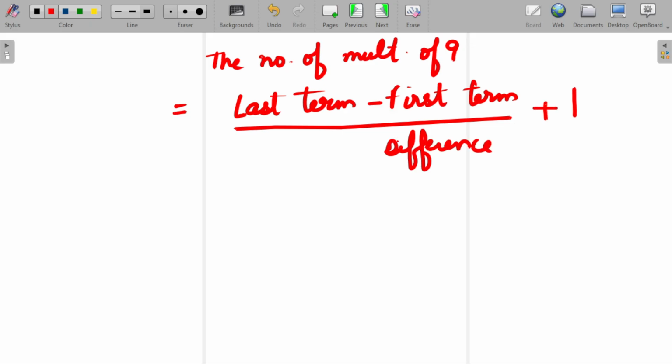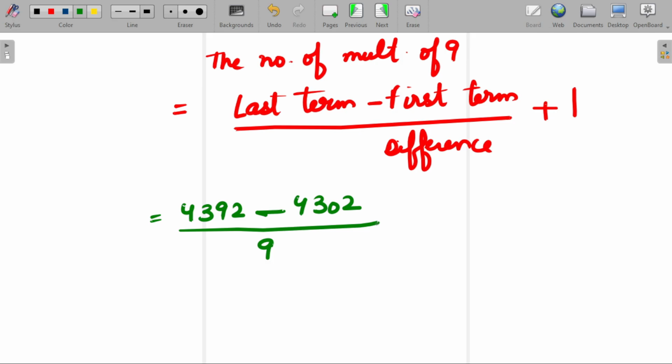This is a trick. Okay. So now what is the last term? Last term is 4392. And what is the first term? 4302. And the difference is 9. Obvious? Right? So solve it.